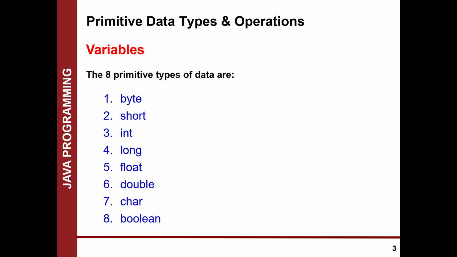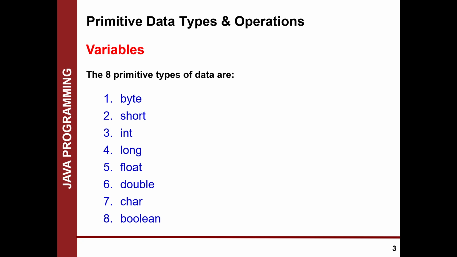When we want to store characters into the computer's memory, we have to declare the variable as the data type char. In that case, char will tell the computer that in this memory location, we are going to store characters.